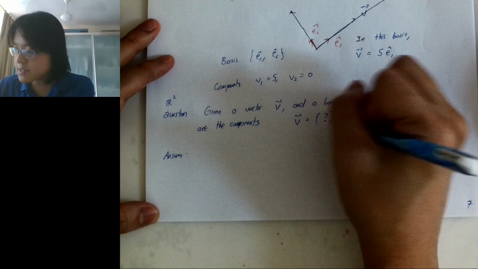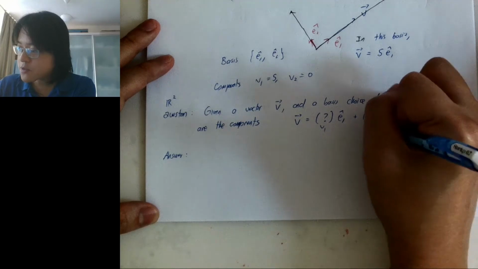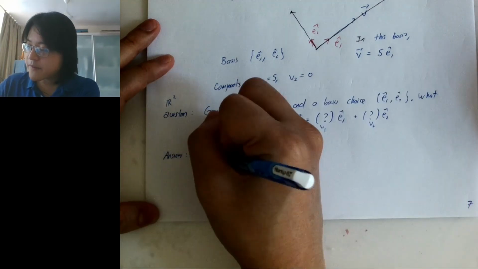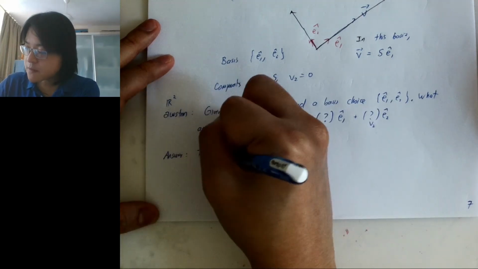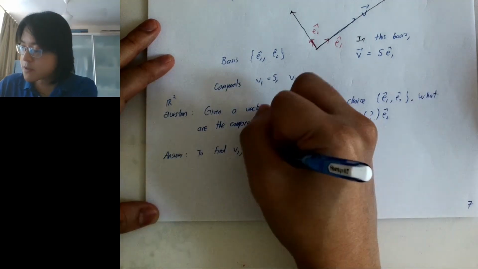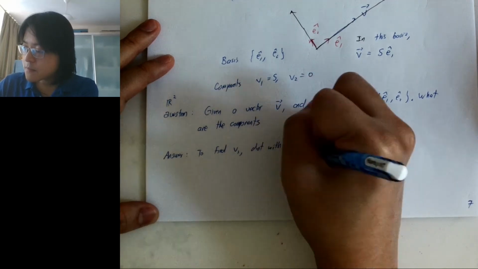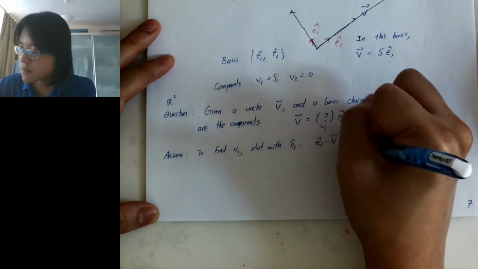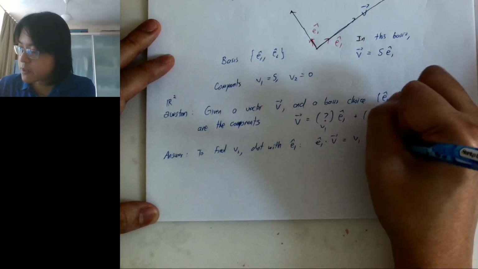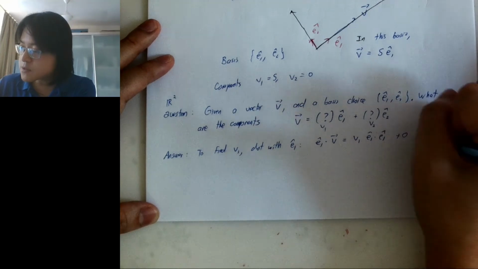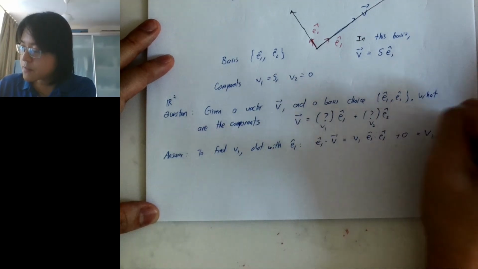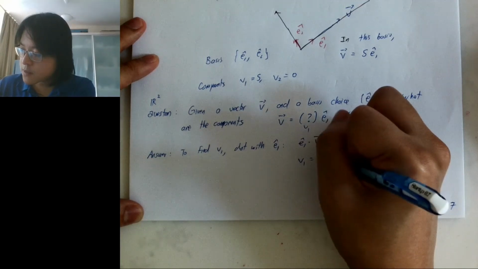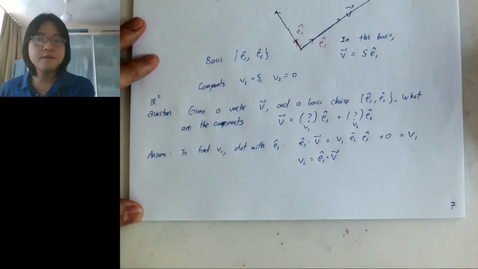Let's call these unknowns V1 and V2. If I want to find V1, we dot with E1. So E1 dot V is going to be V1 E1 dot E1 plus 0. That gives me V1. So in other words, V1 is E1 dot the full vector.